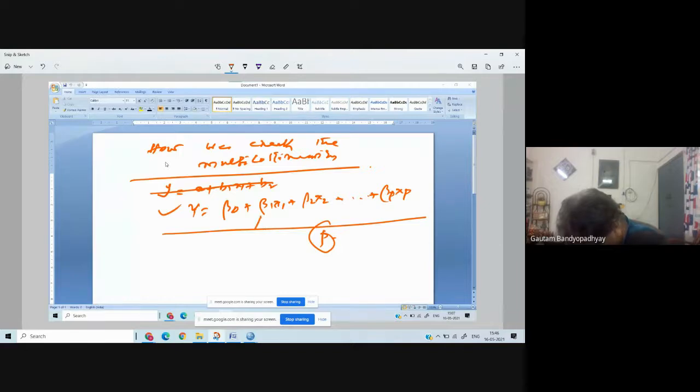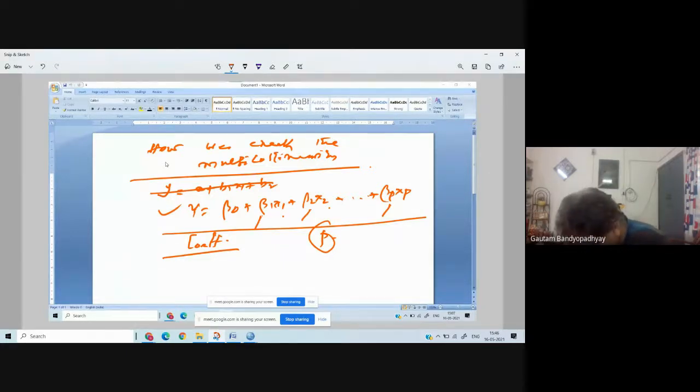These beta 1, beta 2, beta p are the regression coefficients. Beta 1 is the coefficient of x1, beta 2 is the coefficient of x2, and beta p is the coefficient of xp.